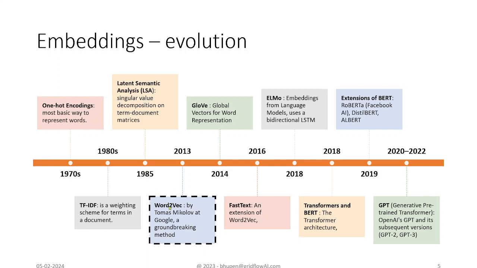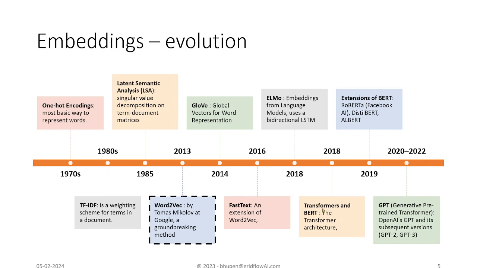The one that we will talk about in this video is going to be Word2Vec, and this was introduced in 2013. Subsequently, in 2014, there was some improvisation to Word2Vec, and that came in the form of GloVe and FastText. After that, the major introduction was ELMo, which is the first pure language model type of embeddings, based on bidirectional LSTM.